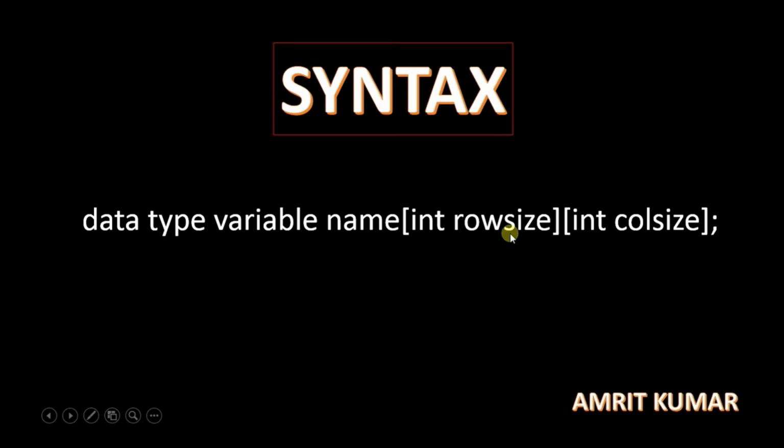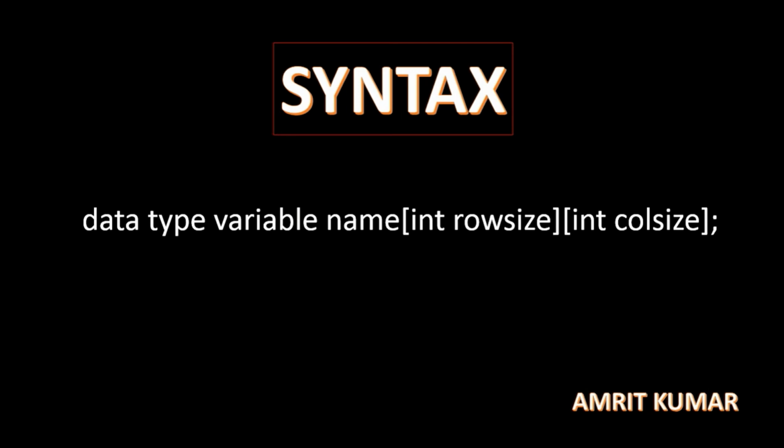Here you need to specify the row size, and then the column size. You can choose the data type that you want for this array. So this is the proper syntax of a two-dimensional array: the row size here and the column size here.